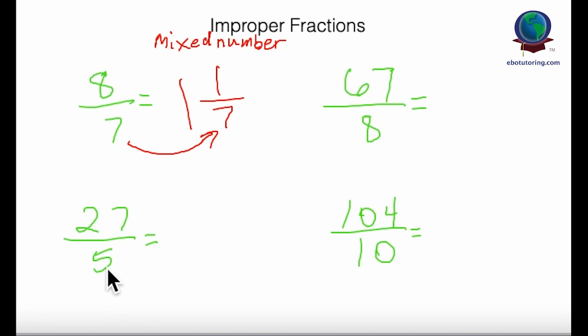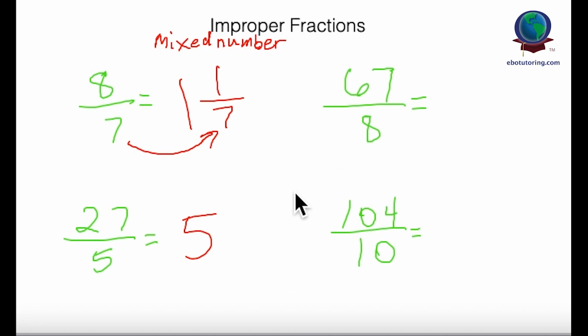Well, if we know our 5 times tables, 5 times 5 is 25. 5 times 6 is 30. That's too much. But 5 times 5 is 25, which is close enough to 27 without going over. So that's your whole number. 5 goes into 27 5 times. If I take 5 away from 27 5 times, that's 25 things I take away.